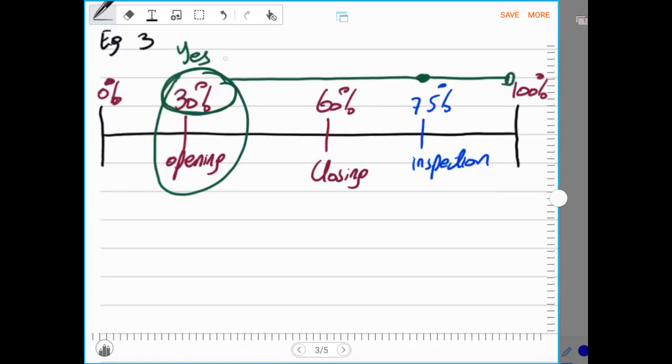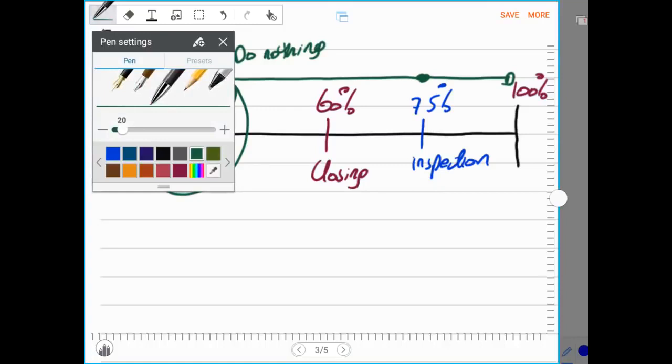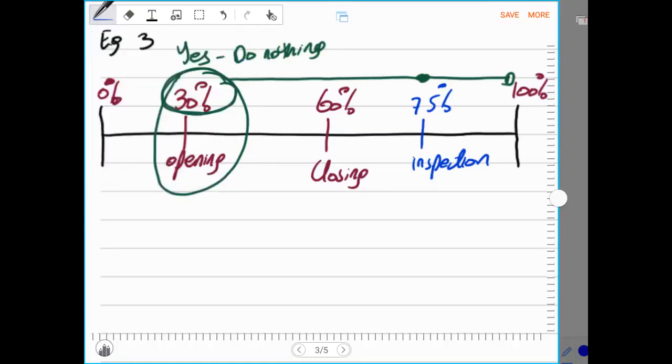If it passes, then it means do nothing, do not deduct anything. Then let us check the closing stock. Our closing stock is 60%, and we know that the closing starts from 0 up to a given percent. That is 0% on the timeline.